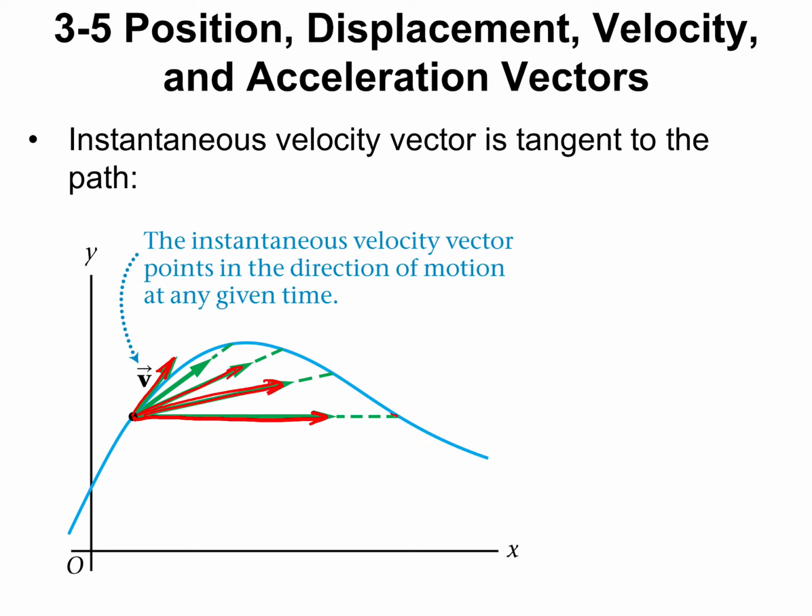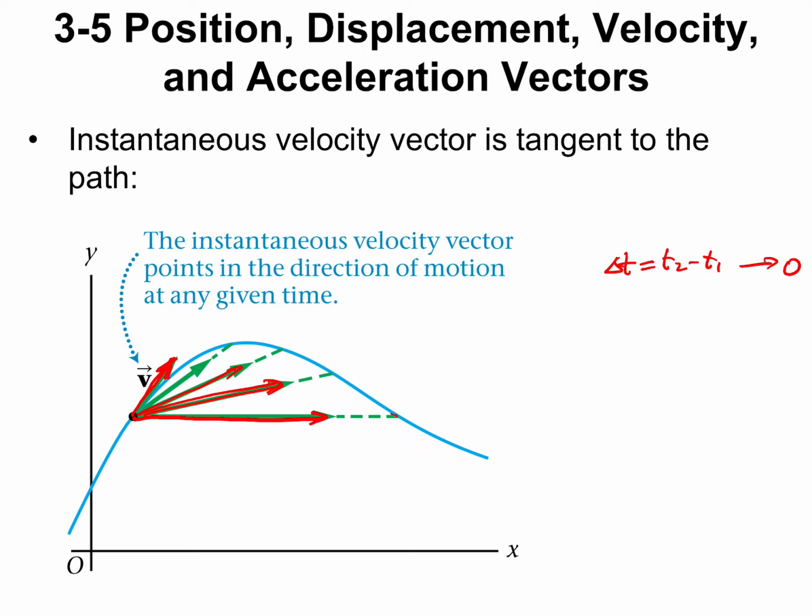Average velocity, you make the two points really, really close to each other, initial position, final position, which means you make the time interval almost reach zero. You end up with this as your average velocity direction if you make them really close to each other.